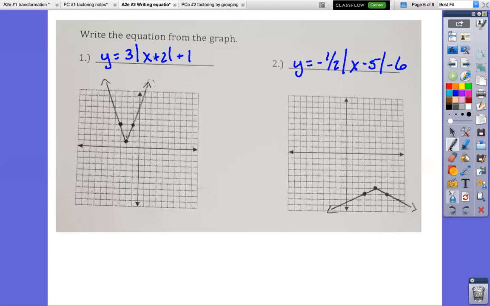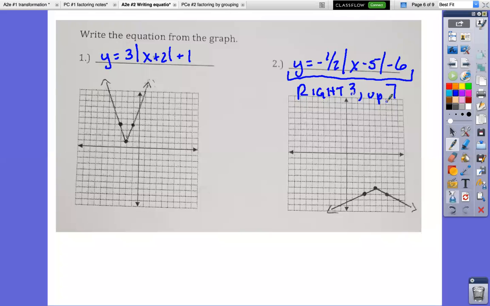What would the equation be if I take this graph and move it right 3 and up 7? So I'm already taking a transformation, but I want to move it again.